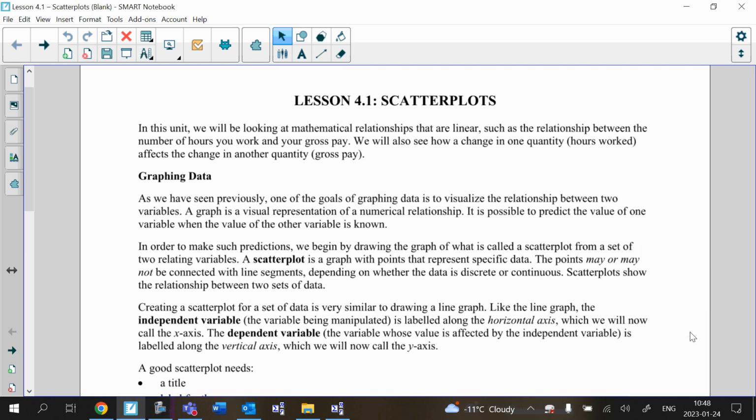Okay, so in this unit, much like we did a lot of in grade 10, applied and pre-calculus, we looked at linear relationships. But we're going to do more real life stuff with it.